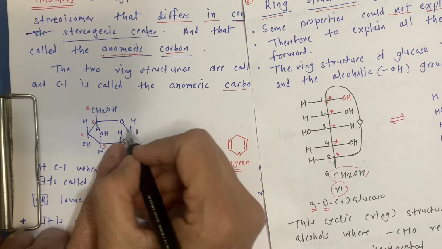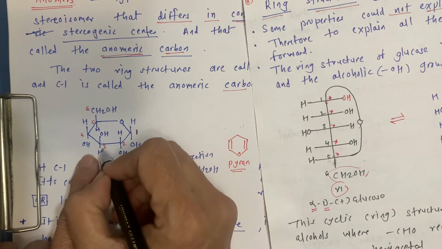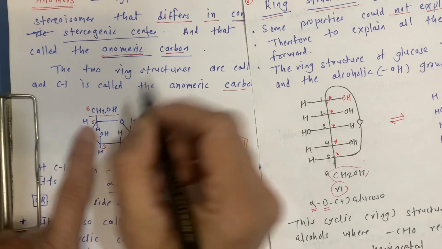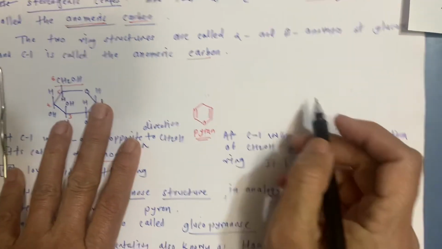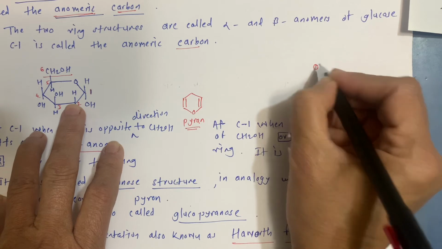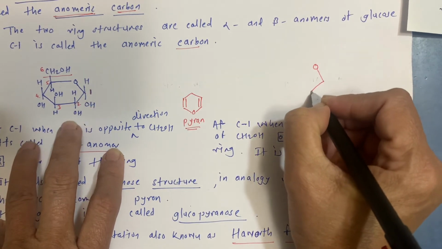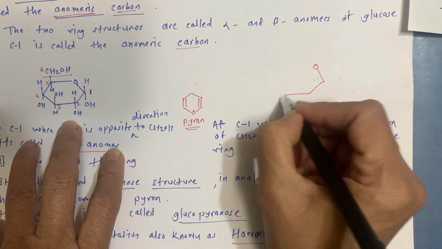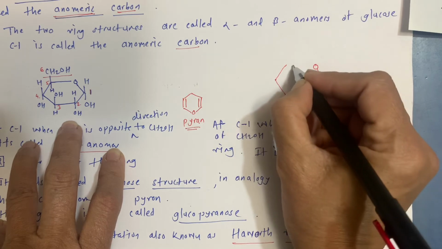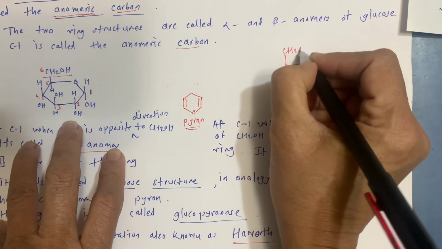Next to that is the first carbon, then the second carbon, the third carbon, fourth carbon, fifth carbon, and the 6th carbon, the CH2OH group, is here. See here, I can show you how to write this. This is our oxygen, then the first carbon, the second, third, fourth, and fifth. The ring is complete, and here is the CH2OH.